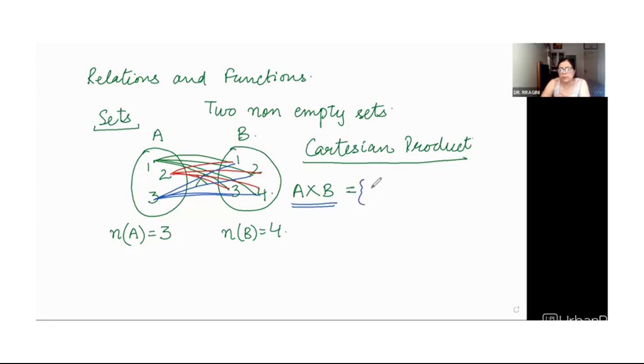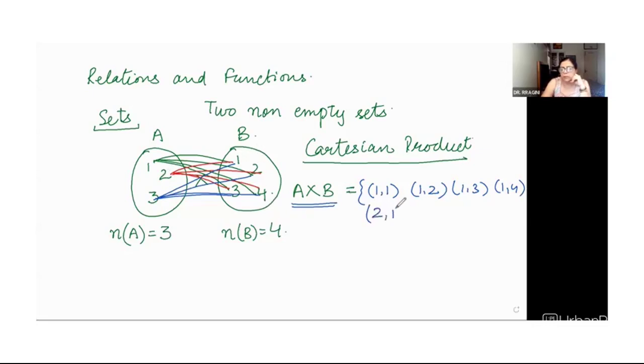Let me show you. If this is like (1,1), (1,2), (1,3), and (1,4). See, 1 has been linked to all the four elements of set B. Now, similarly, 2 has been linked to all the four elements.